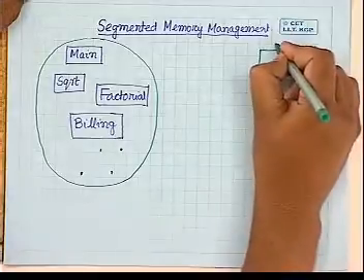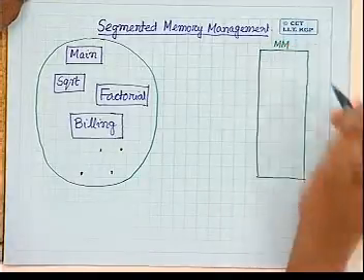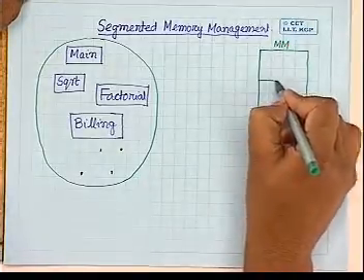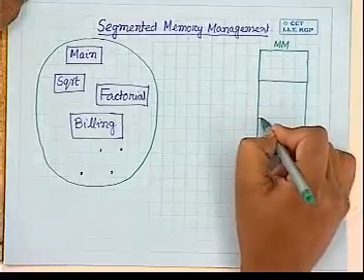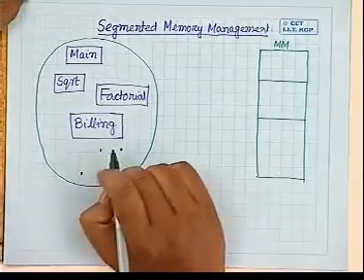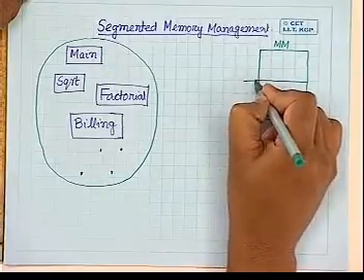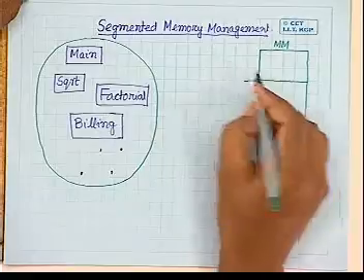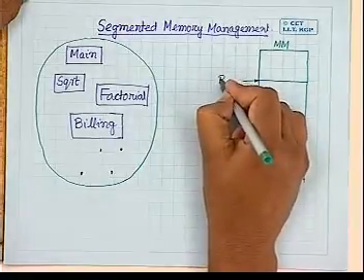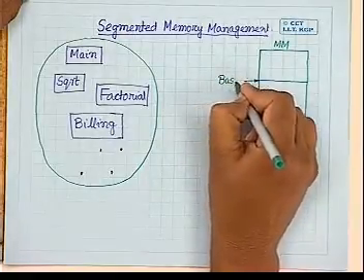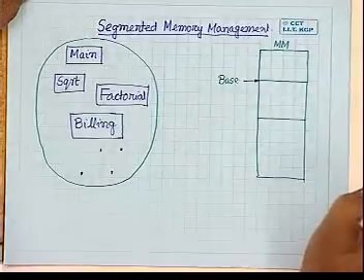So this is our main memory, and I load the main function somewhere here. The starting location of this partition where the main function is loaded, I call the base address of the segment main.